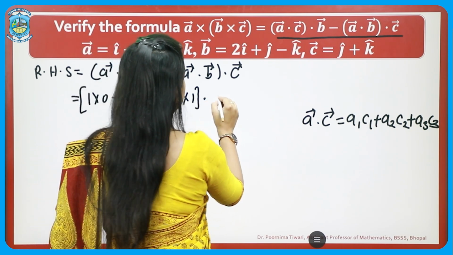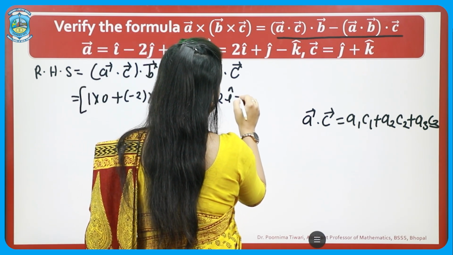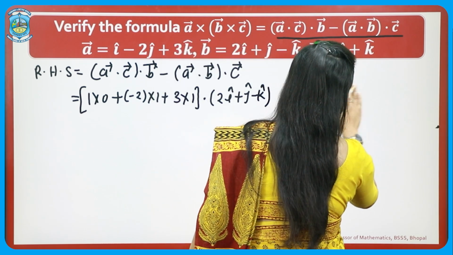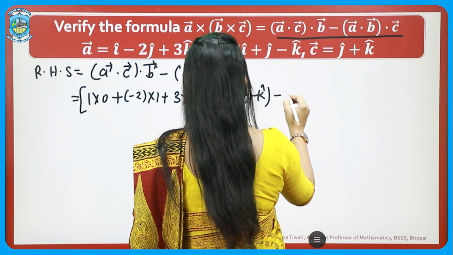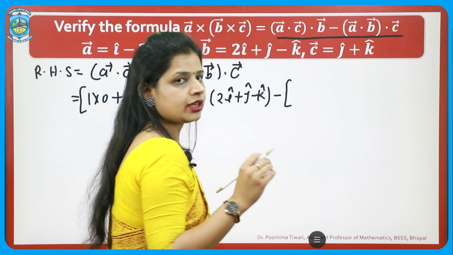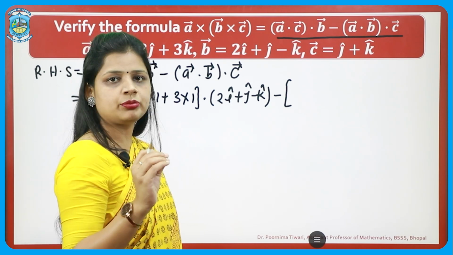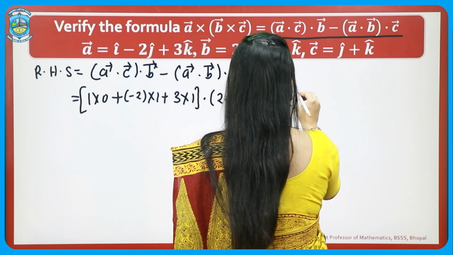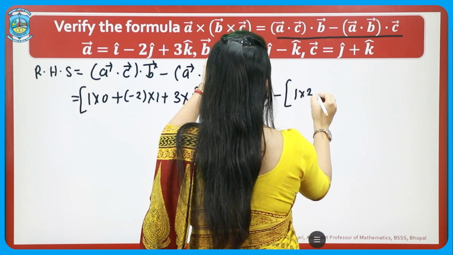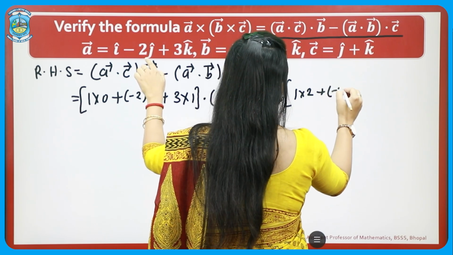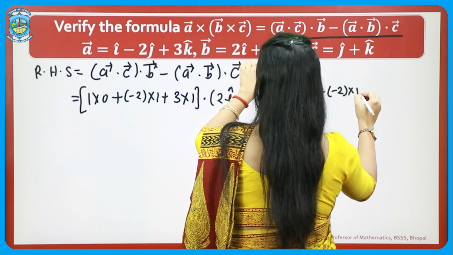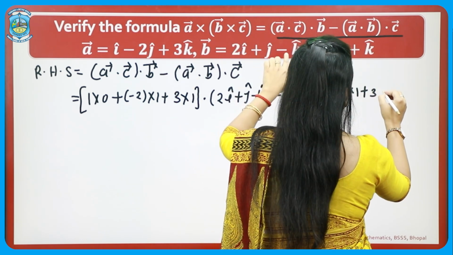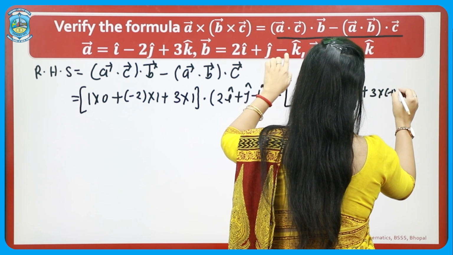Dot product with vector B, that is 2i cap plus j cap minus k cap, minus of, when we take A dot B, that is A1B1 plus A2B2 plus A3B3. So, A1 is 1, B1 is 2, plus A2 is minus 2, B2 is 1, A3 is 3 and B3 is minus 1.